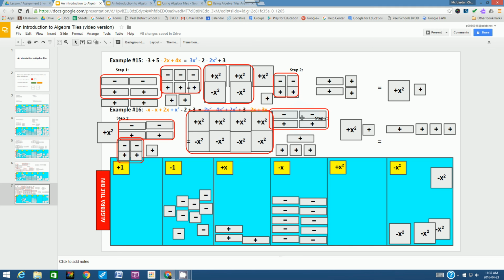I created 2 more zero models with -2x and +2x. And what remained on the right-hand side was 1x plus 3. And what remained on the left-hand side was positive x squared plus 1. So again, we want to put the x squareds before the integers and the x's in front of the integers.